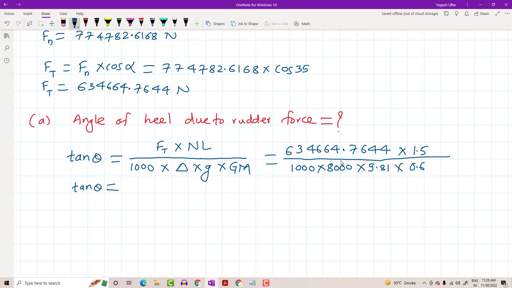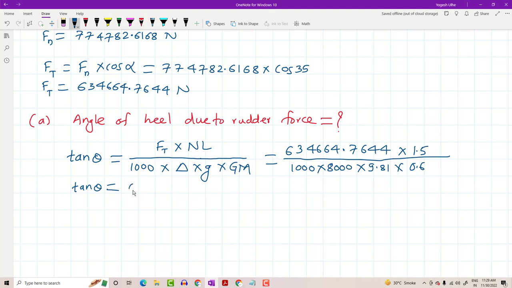Don't sit idle, guys, try to do the calculation with me. Sometimes I may make mistakes. 63,466.4.7644 multiplied by 1.5, divided by 1000 multiplied by 8000 into 9.81 multiplied by 0.6.